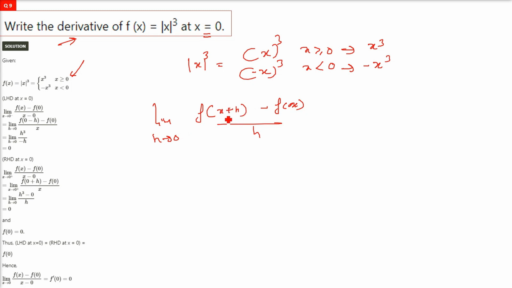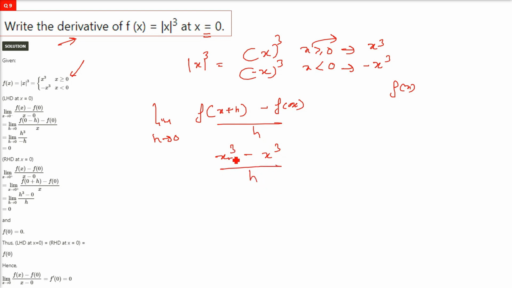Okay. So which function are we going to use? We are going a bit ahead of x, or you can say on the right hand side of x. So you will take it as x cube, and minus f(x), which is x cube only, divided by h.